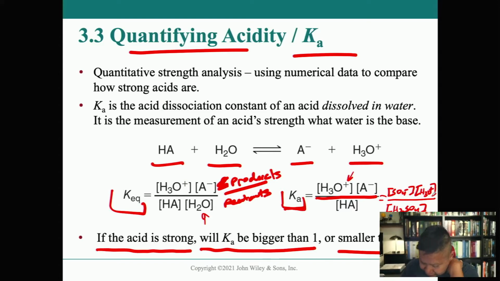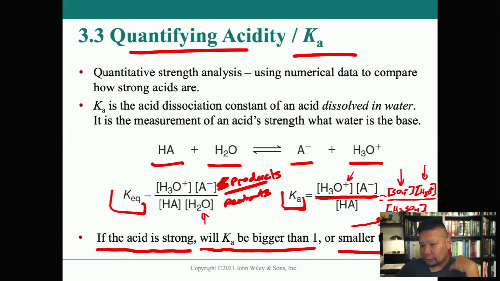So, since it's such a strong acid, most of it will actually become the sulfate ion, which means the number up here will be very, very big. And so very little of it stays as sulfuric acid, the unionized version.